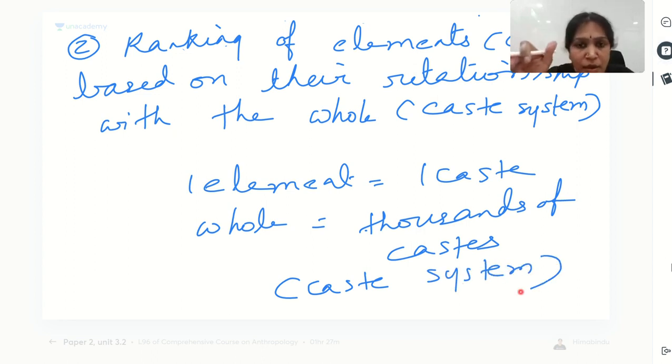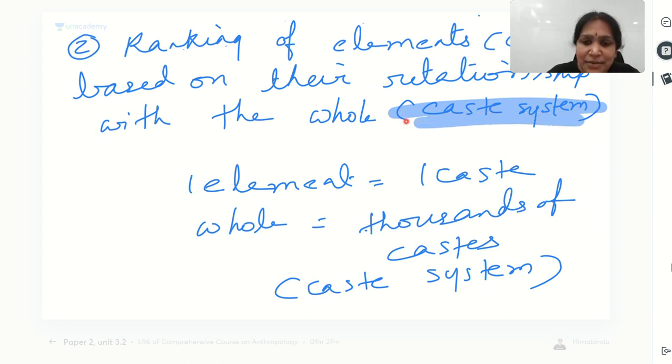Ranking of elements based on their relationship with the whole, so that is the second point. See how clearly I have written: caste system is the whole, each caste is an element. Clear now?